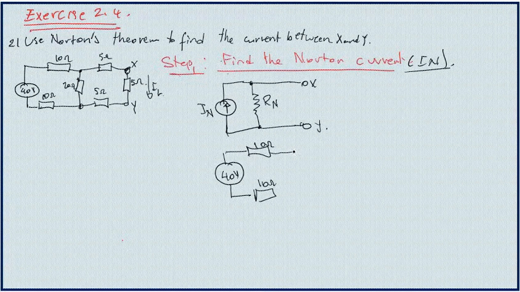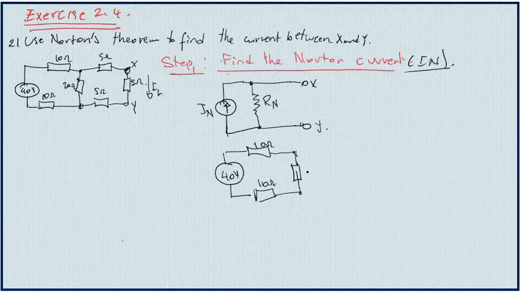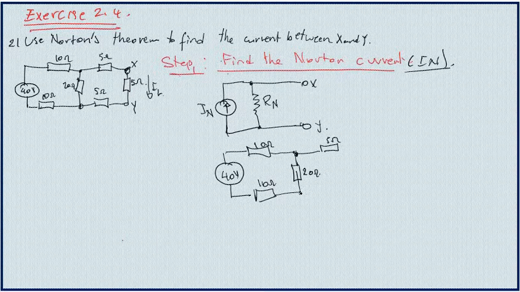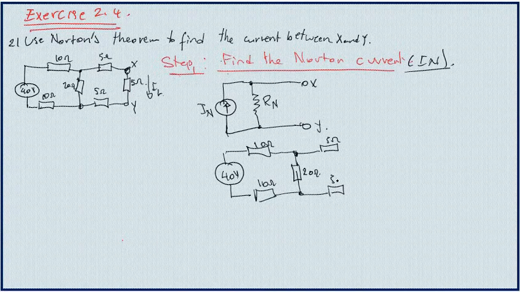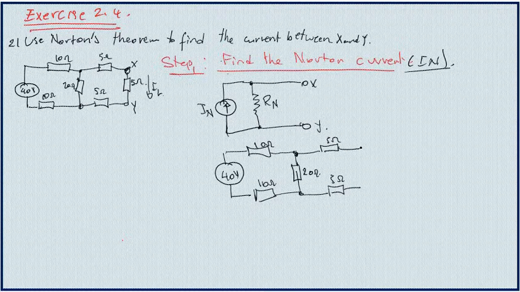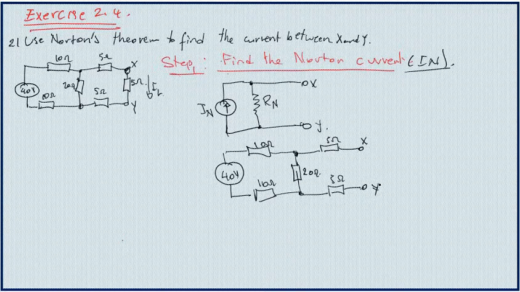So I have my values. The value of the resistance, we have 20 ohm there, 5 ohm, 5 ohm there. Now across x and y, I need to close this circuit.